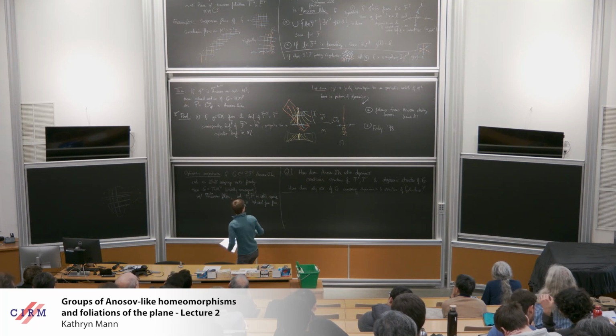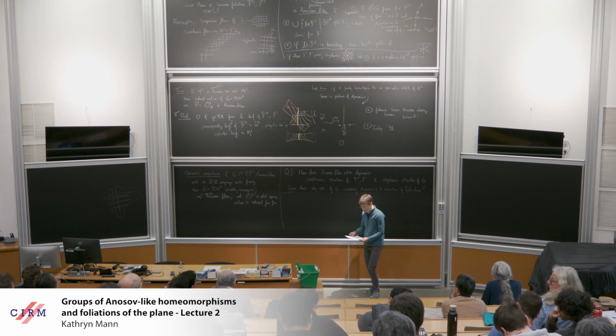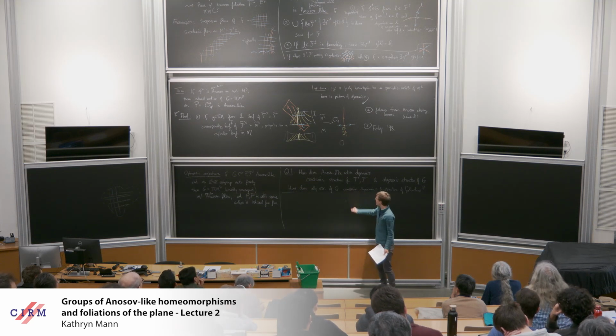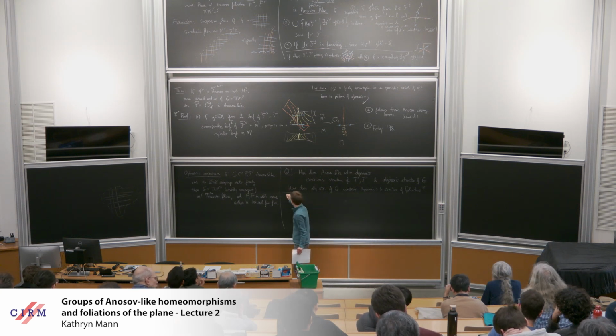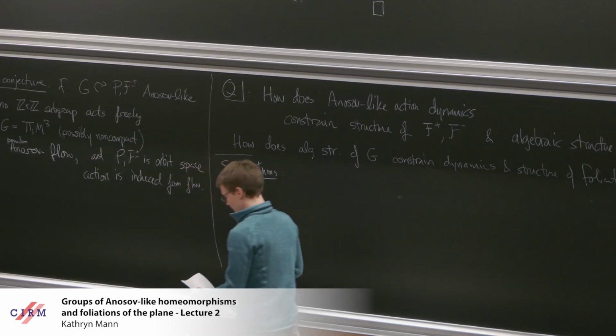But to do that, we need to build up some background first. And perhaps by way of advertisement, I'll just announce a couple of results in this direction that I won't prove. So here are some sample theorems towards answers.